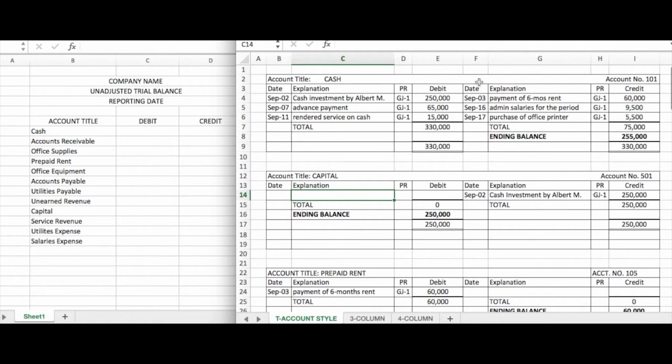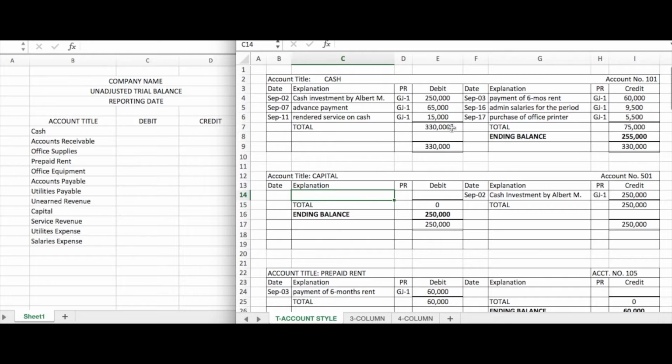Now, I would also like to emphasize that in this format of the T account, though the ending balance of cash is on the credit side, it doesn't mean that cash has a credit balance. It just shows that in the anatomy of a T account, the beginning balance is on the normal side and the ending balance is on the opposite of the normal side.